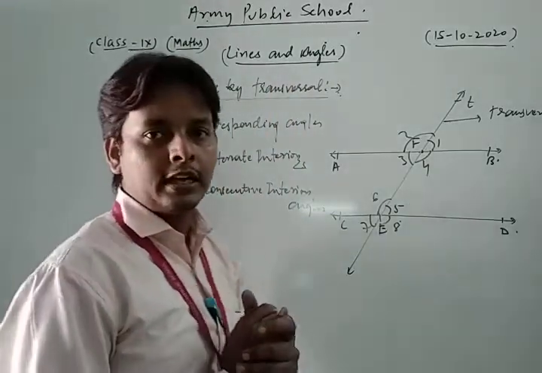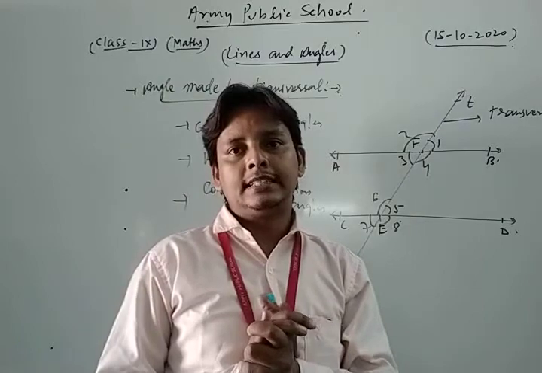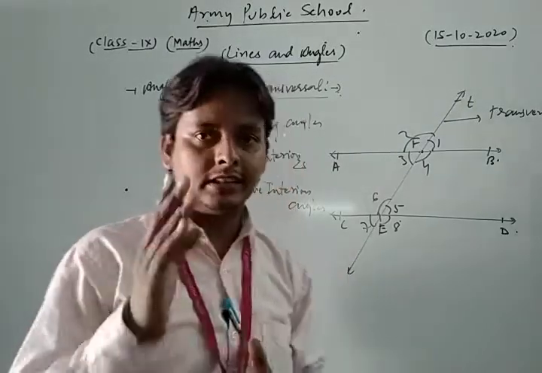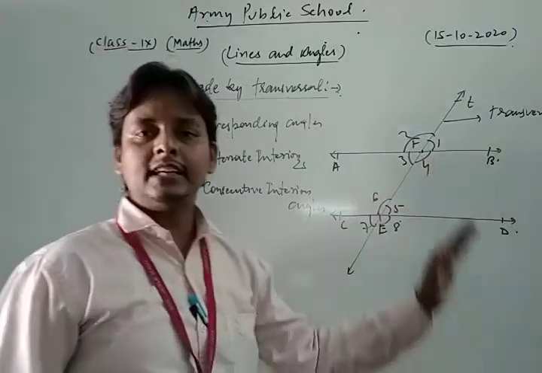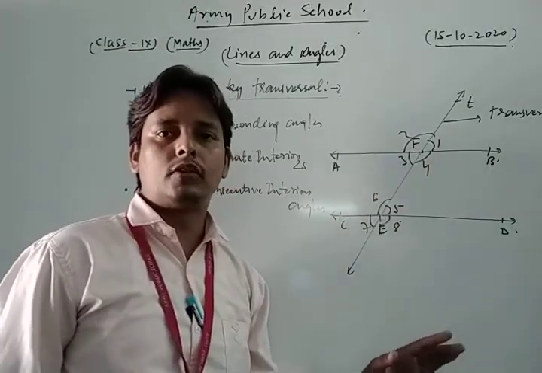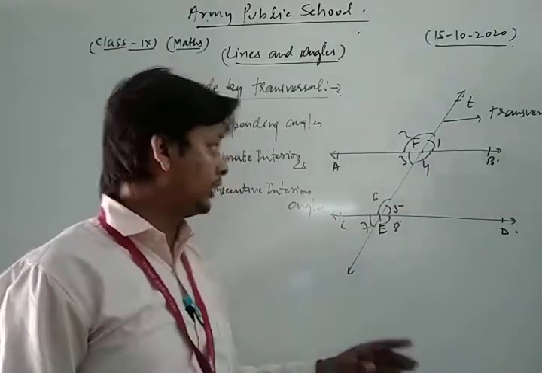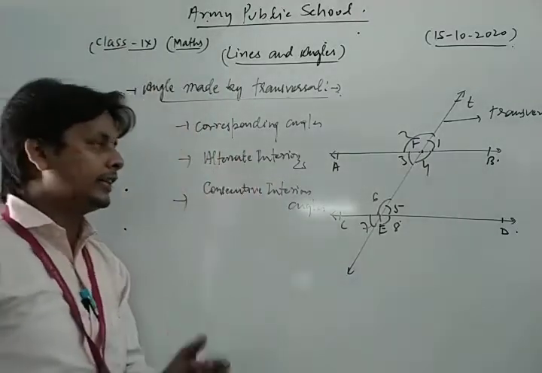So in this way, if two parallel lines are cut by a transversal, there are four pairs of corresponding angles. Okay, now next one is alternate interior angles.